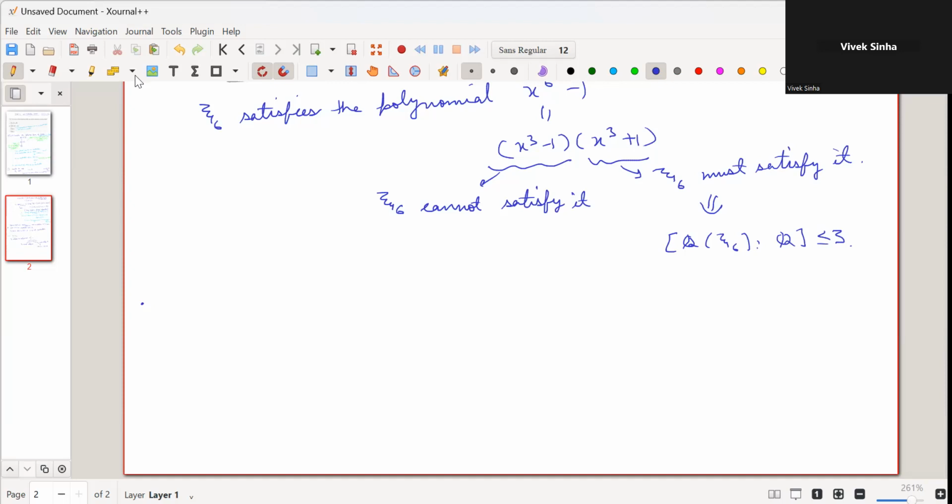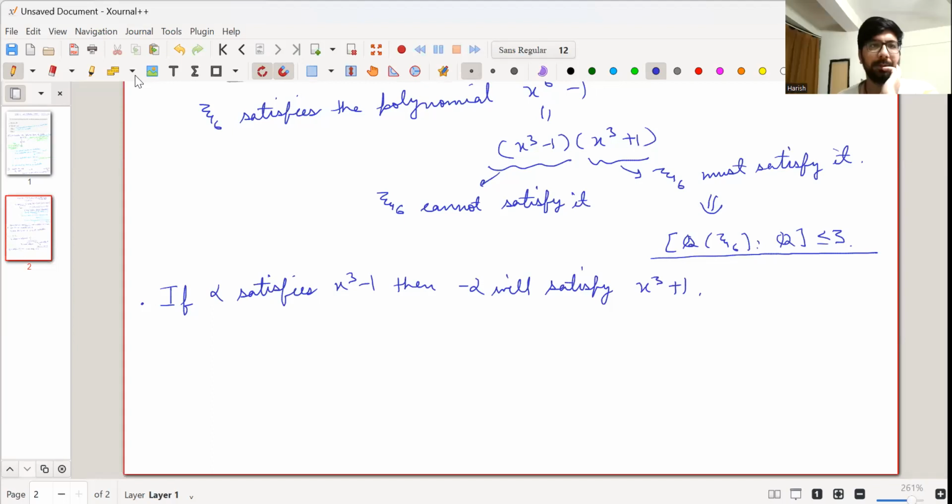So the trick is, if some alpha satisfies x³ − 1, then minus alpha will satisfy x³ + 1. Do you agree?